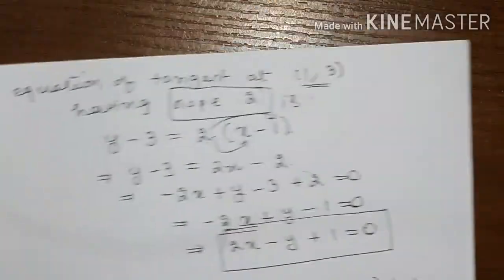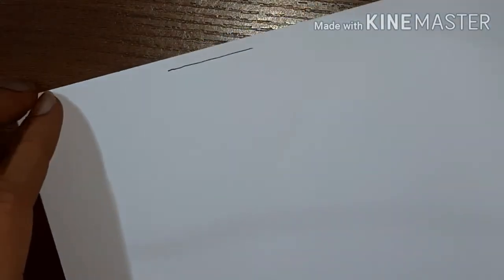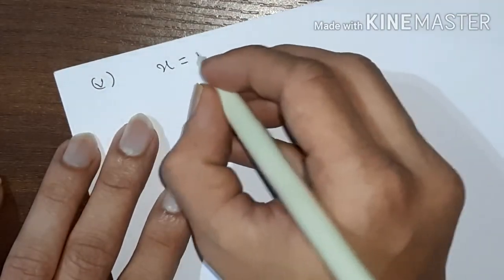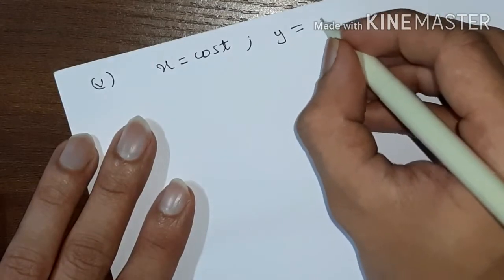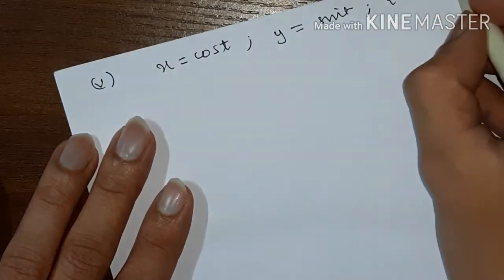Now let us look at the fifth problem, okay, of 14th. So fifth problem, what you have is x equal to cos t, y equal to sin t, right, where t is pi by 4.